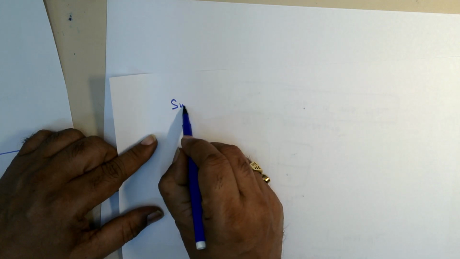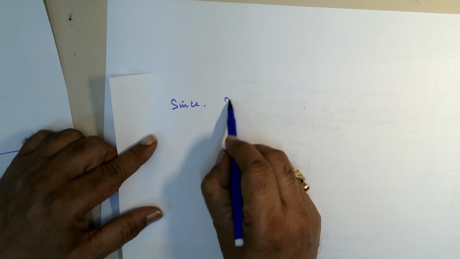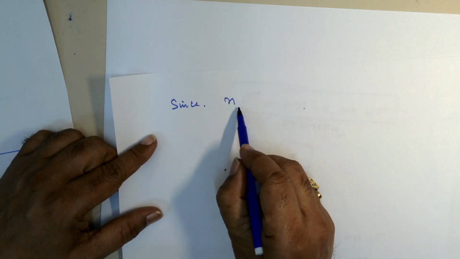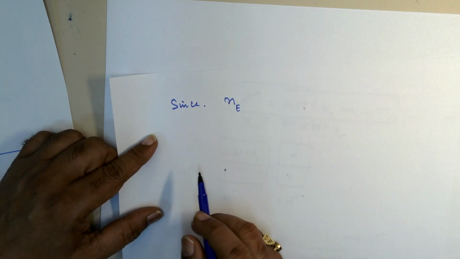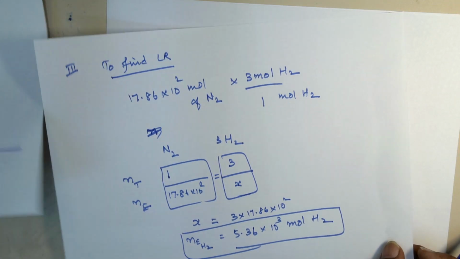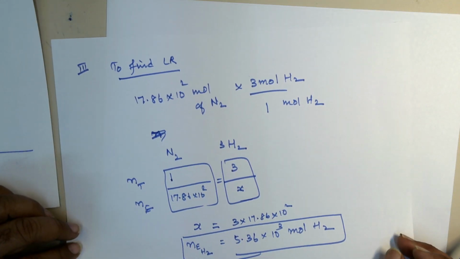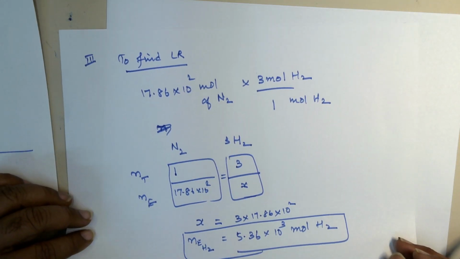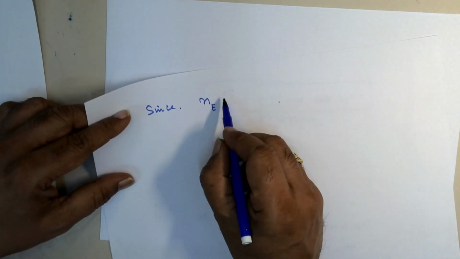So since N experimental, okay, what is that? N experimental. What is that N experimental? 5.36 into 10 to the power 3. So that is according to the calculation. Okay.